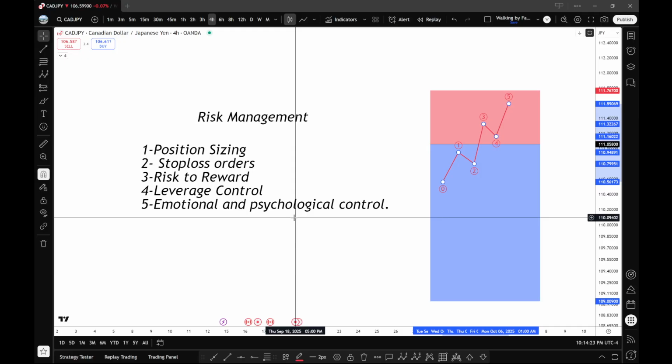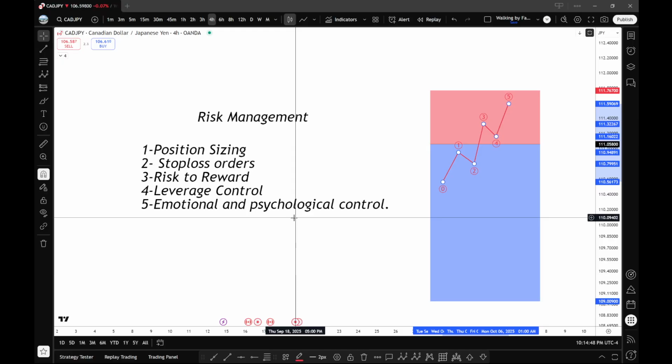Because if you keep trading after having a series of losses, your mind is not right. It's not in the right mindset. You're not gonna trade correctly, and this means you're gonna lose more money, and we don't want that, right?